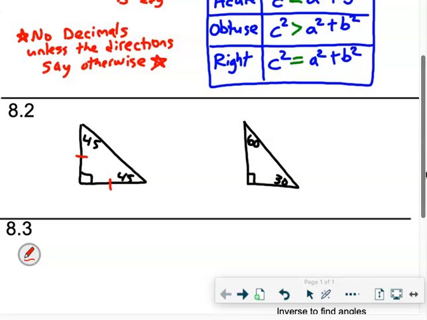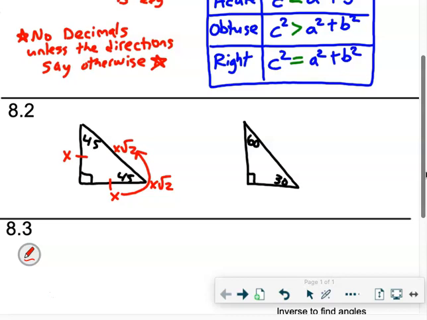What that means for us is the legs have to be the same. So if this is x, then this has to be x. If I want to get the hypotenuse, I would multiply by square root of 2. So this would be x times the square root of 2.